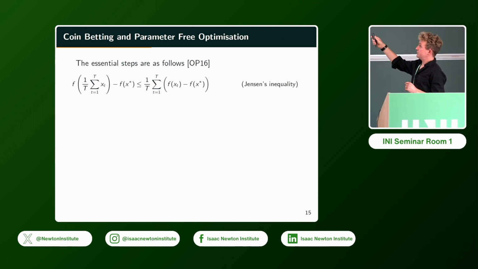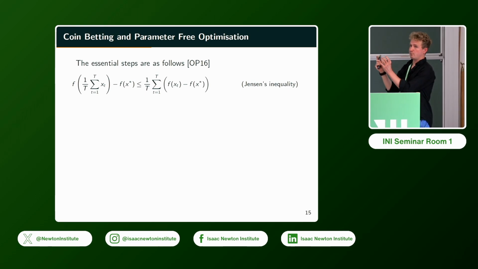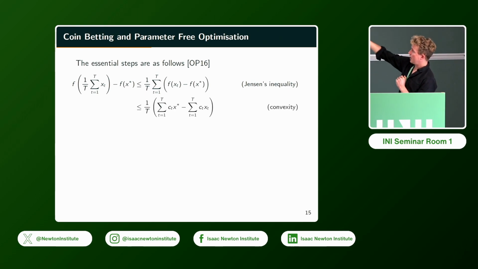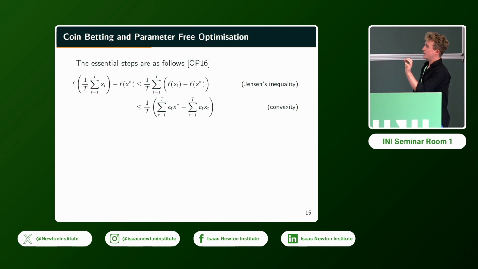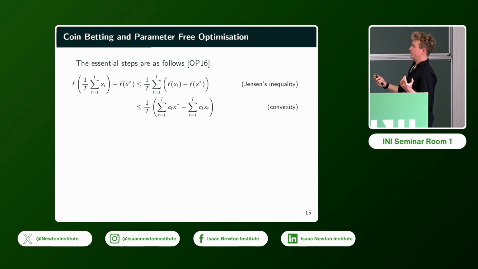Using Jensen's inequality, we can bound this by 1 over T times the sum of the differences at each time step. We can now use convexity to bound this above by this thing. Remember here, c_t were the negative gradient of our function f, evaluated at x_t. So that's just using that particular first-order characterization of convexity.